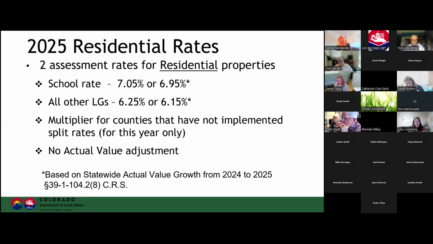In January of next year, they will have to do, they use this word counterfactual, but what actually is going to happen is they will adjust the school residential rate by what the actual growth was.